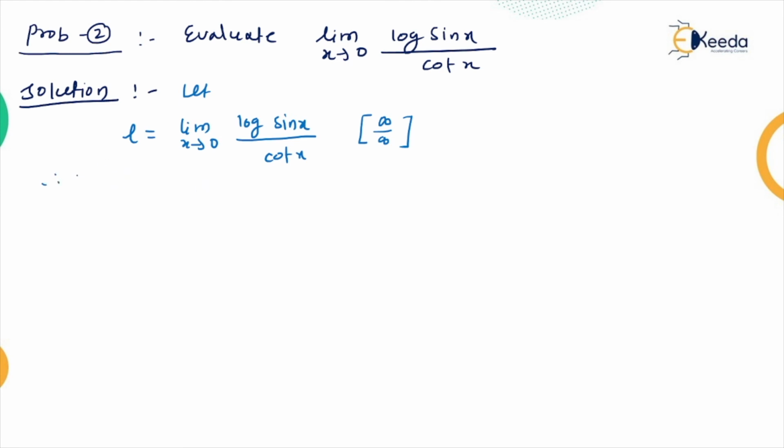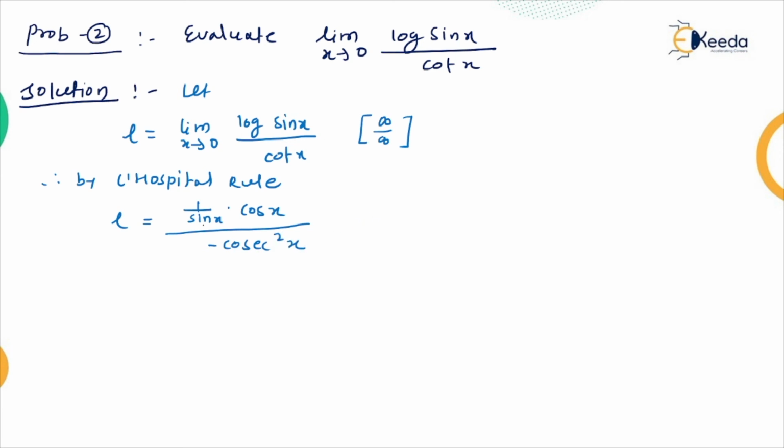So by L'Hospital rule, L is equal to the derivative of numerator and denominator. The derivative of log of sin x is 1 upon sin x into the derivative of sin x, which is cos x, divided by the derivative of cot x, which is minus cosec square x.